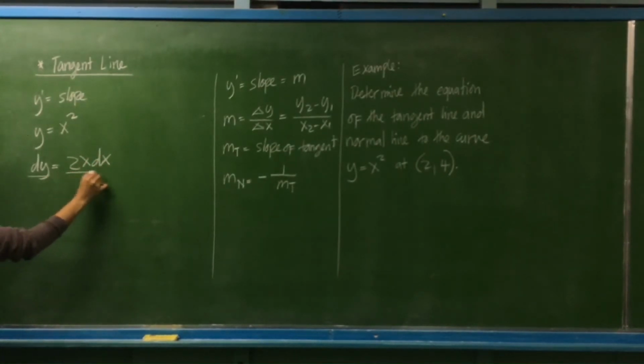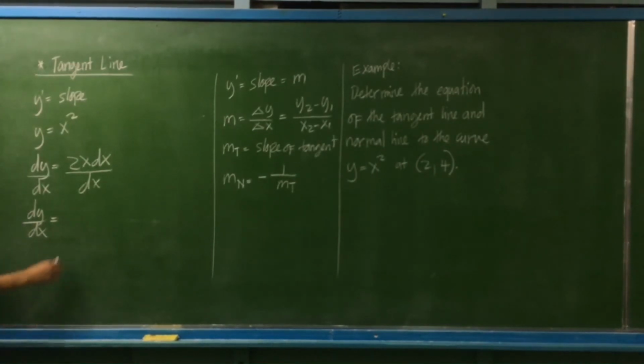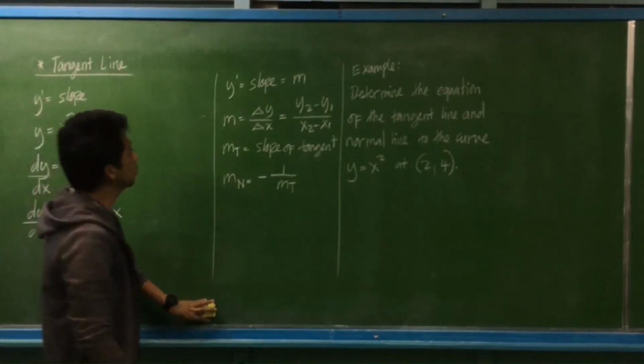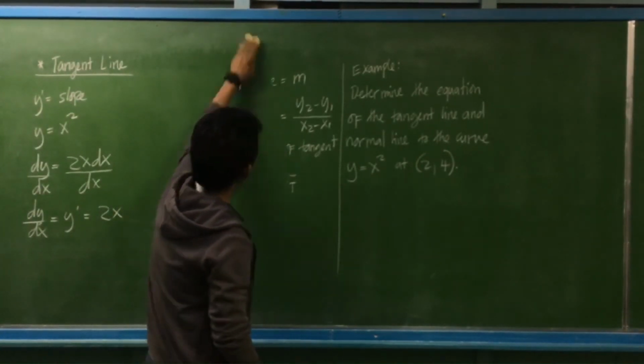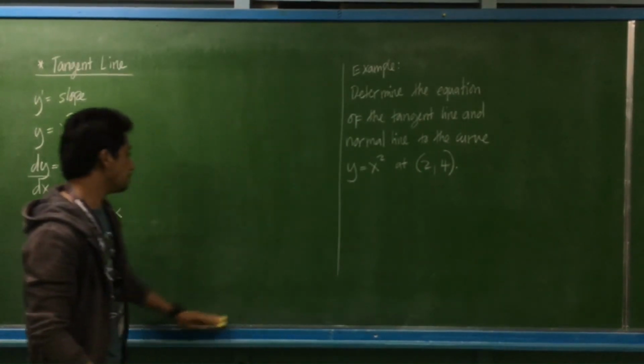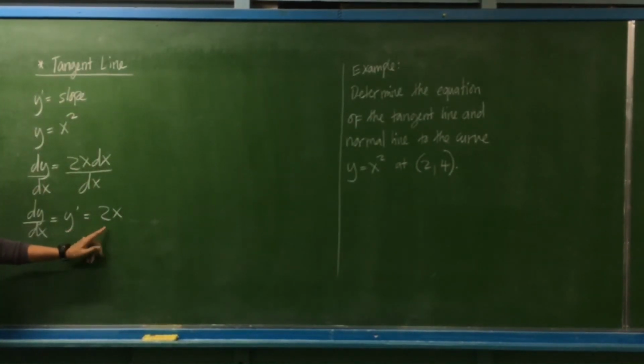Dividing both sides of the equation by dx, we have dy over dx, that is the same as the change in rise over the change in run, or the slope, which is now equal to 2x. Okay, we now have the slope equation. The slope equation is y prime is equal to 2x.